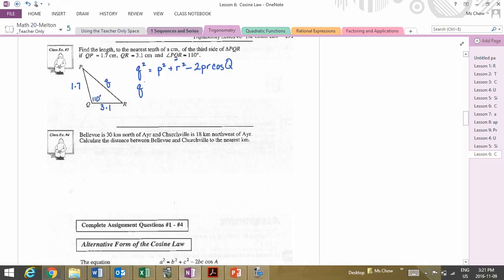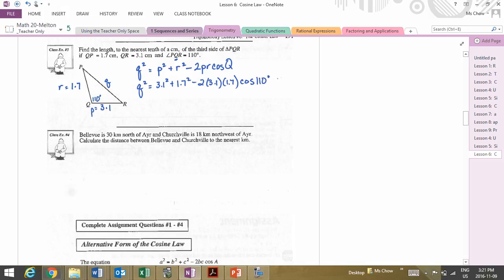Let's substitute in what we know. So p is length QR, so that's 3.1 squared plus 1.7 squared, which is length r, minus 2 times 3.1 times 1.7 times cosine of 110 degrees.